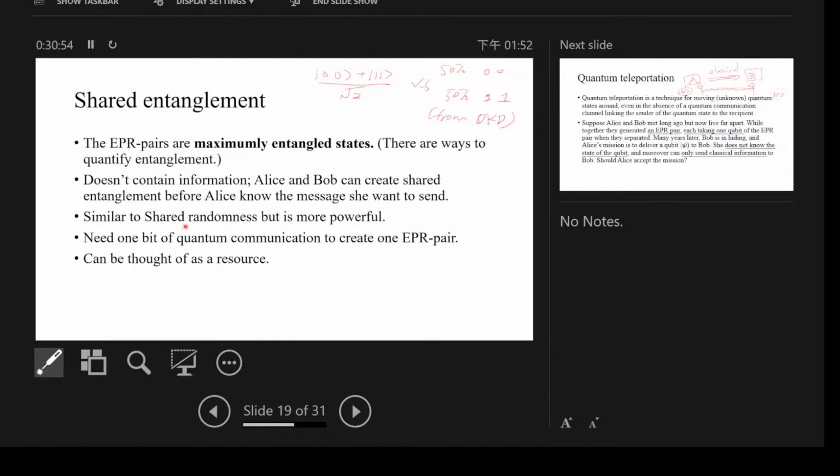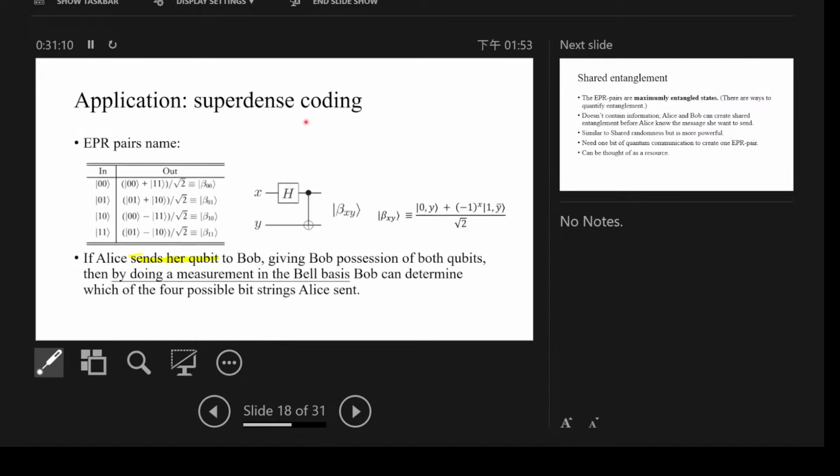They look a bit similar, but they are very different, and we already proved why. Shared entanglement is more powerful than shared randomness, because you can show rigorously that if you just have shared randomness, you cannot do superdense coding.